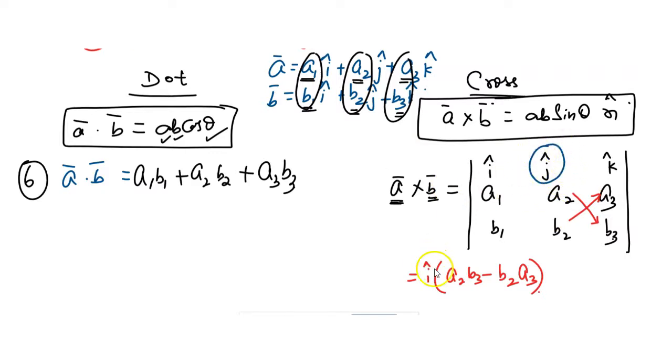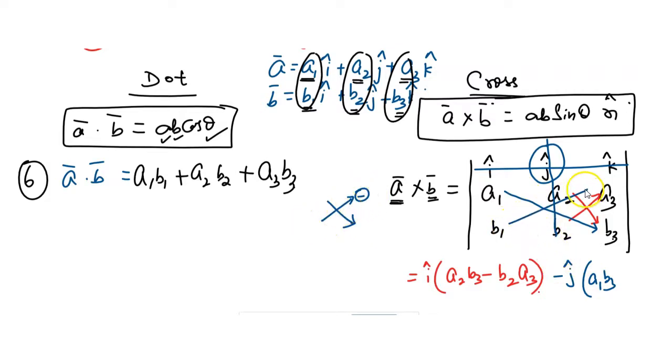Only difference is that I took i cap as it is, for j cap we will do minus. So minus j cap. Now j cap is lying in the first row, second column. So what are the elements left? a1 into b3, right? Remember, we always use this kind of arrow and then subtract with this kind of arrow: minus b1 into a3.